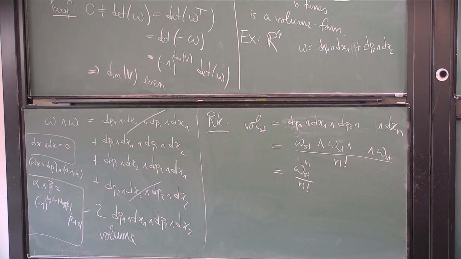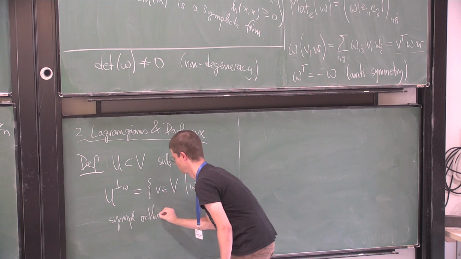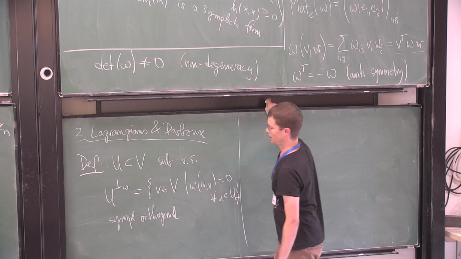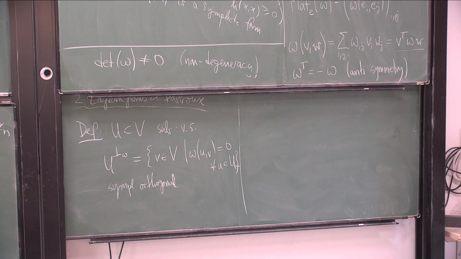Whenever you have a subvector space U, there's the notion of the symplectic orthogonal, which is the space of all vectors such that whenever you pair them with vectors in U, you get 0 for all vectors in U. It has many properties similar to the orthogonal you know.